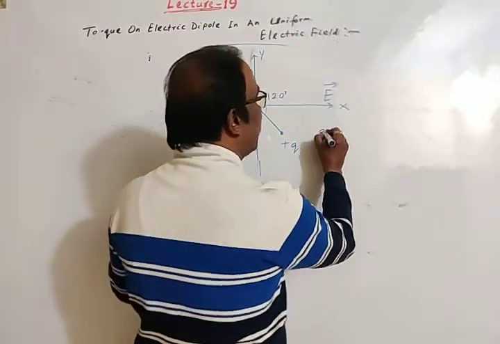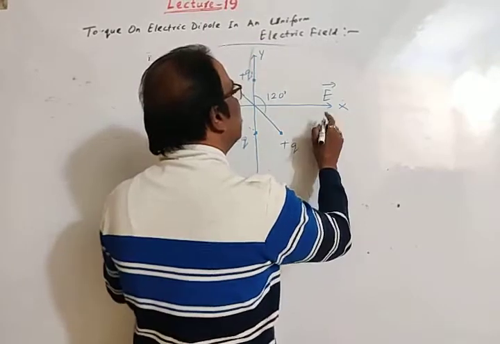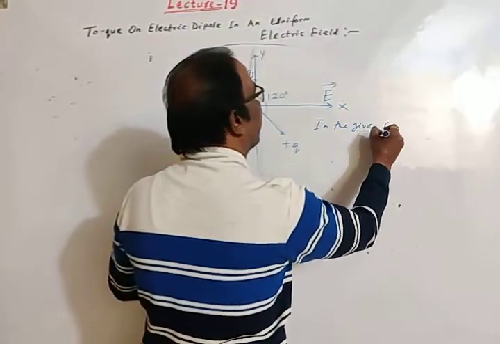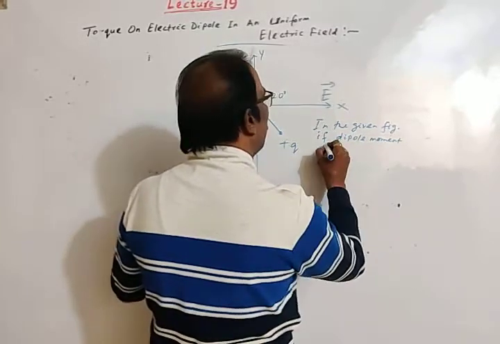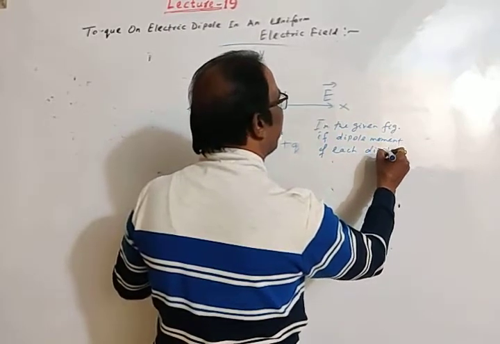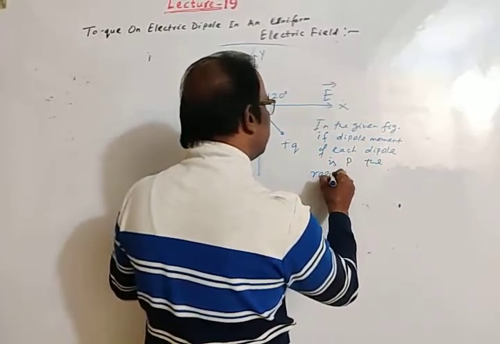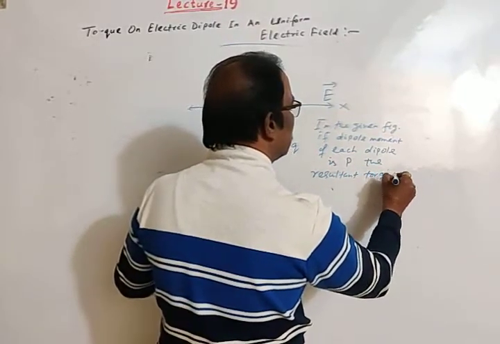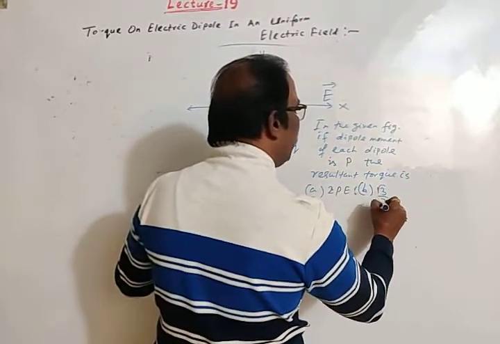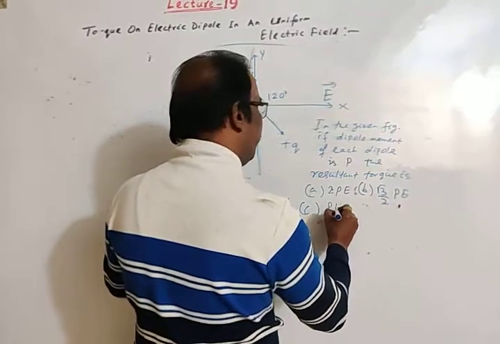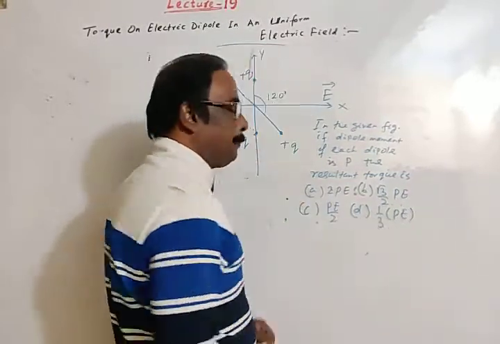Okay, I am giving you the options. If the dipole moment of each dipole is P in the given figure, then the resultant torque is: A, 2P; B, root 3 by 2 P; C, P by 2; D, 1/3 of P. Quick.